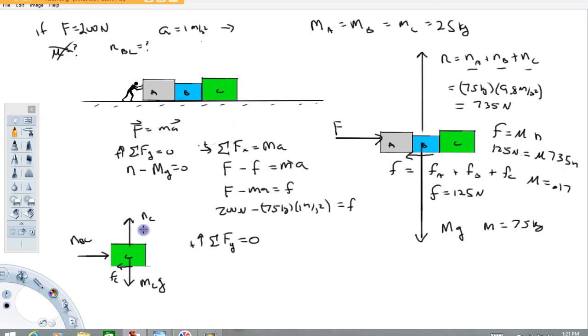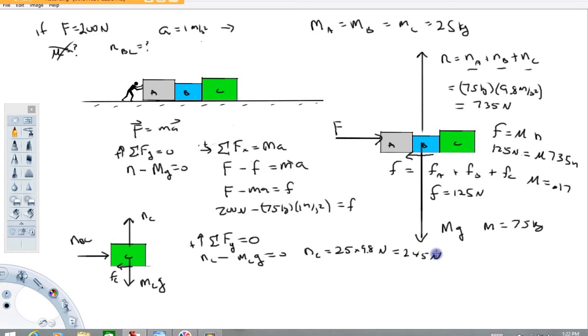So we got this force vector minus mass C times g, and there are no other forces in the y direction, so equals 0. Normal C is equal to 25 times 9.8 in newtons, because kilogram meter per second squared works out to a newton. 245 newtons.